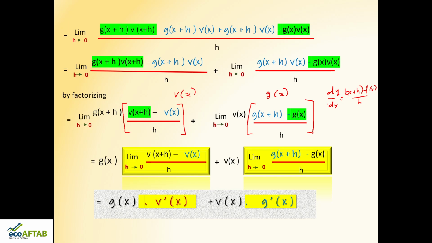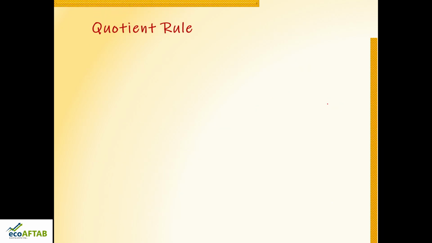Now let us go for the next part, and the next is the quotient rule. The product rule was with regard to multiplication, the quotient rule is with regard to division. Here I will very quickly tell you the formula and how it looks.